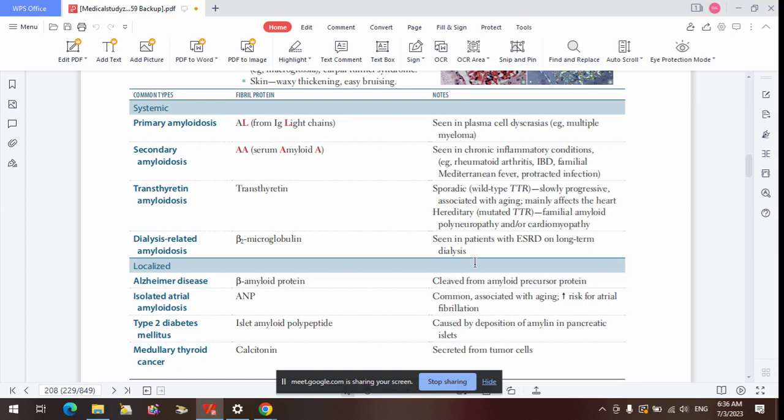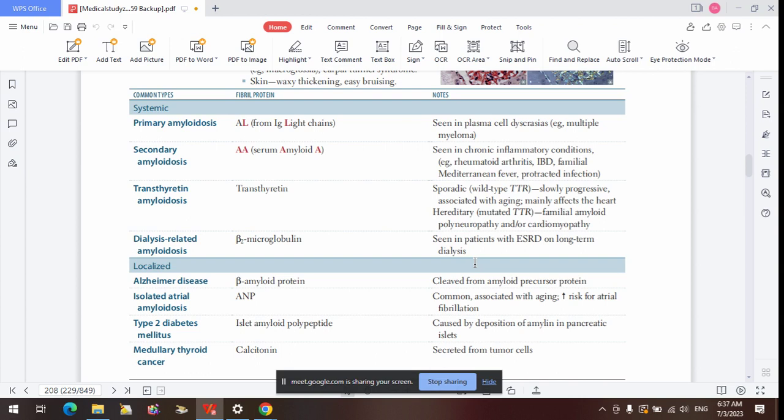Someone that has a primary amyloidosis, what is aggregating is actually the light chain of the immunoglobulin. Where is this light chain of the immunoglobulin coming from? Because immunoglobulins are antibodies, they must be coming from plasma cells. They typically arise from plasma cell dyscrasia, like multiple myeloma, a malignancy that causes abnormal proliferation of plasma cells.